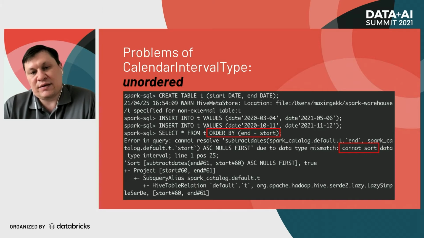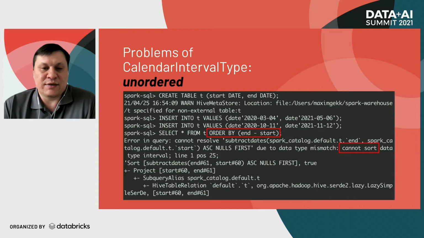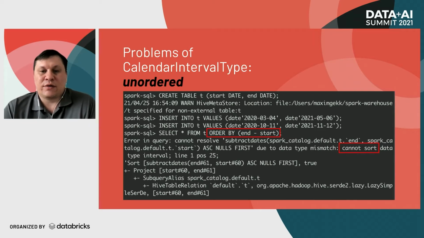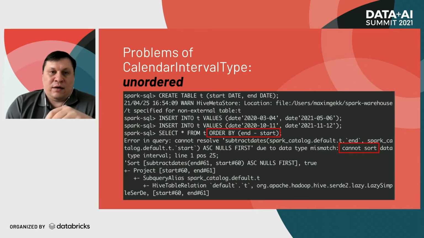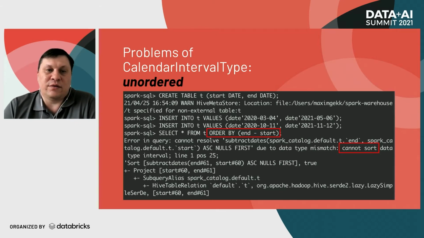Here also Spark wasn't able to order because the current calendar interval type doesn't support ordering or sorting, basically because we cannot say exactly whether one interval is bigger than another or not. These are 2 fundamental problems, and that's why we decided to add new types.